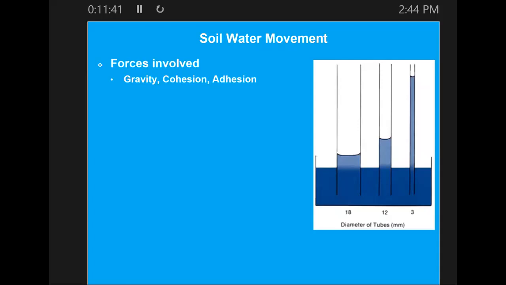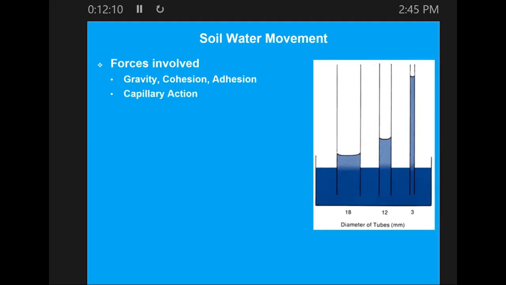But we also have to think about cohesion and adhesion forces. That's what helps the water go more lateral too, especially if you think about a big arid agricultural field where definitive spots of the field are getting watered. Obviously, not just those spots get access to water. You have to have that water flowing laterally to some extent out into that field so that all the plants in that field can get access.